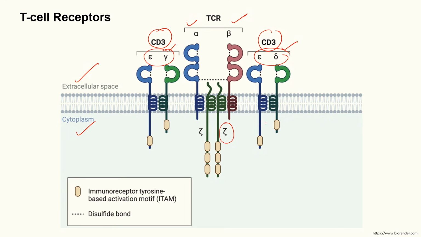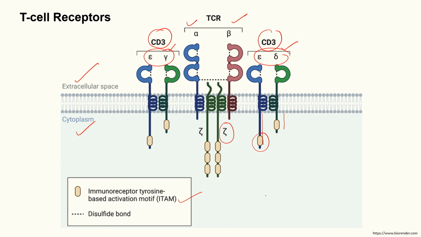And these are the cytoplasmic domains of that protein, and each domain contains motifs called ITAMs, which we have discussed in the B cell as well. These are called immunoreceptor tyrosine-based activation motifs, and they get phosphorylated because some of the kinases that will come into the picture a little later will phosphorylate the tyrosine residues present in this motif.